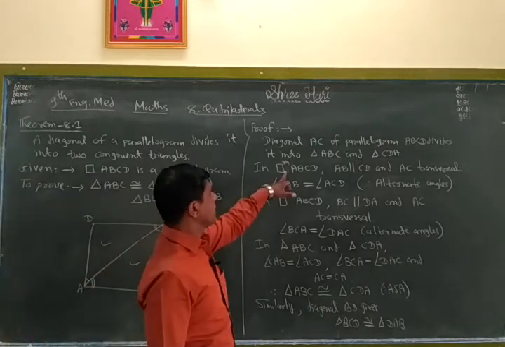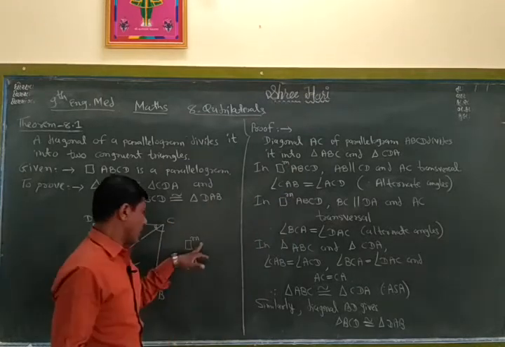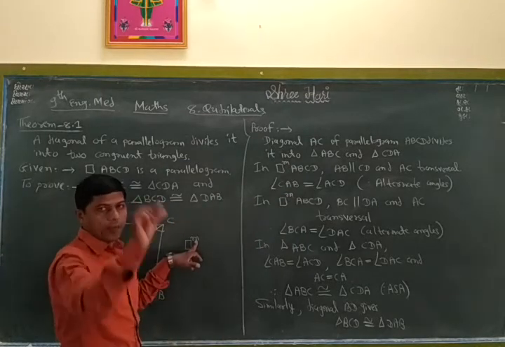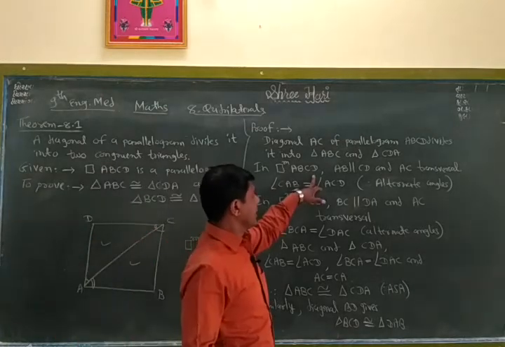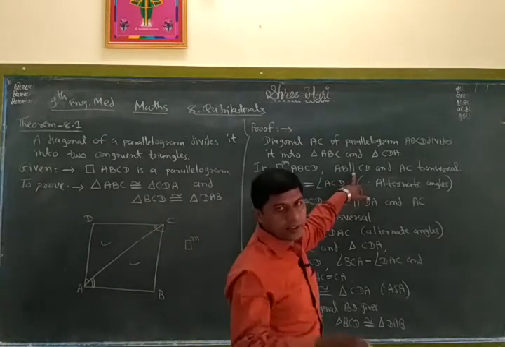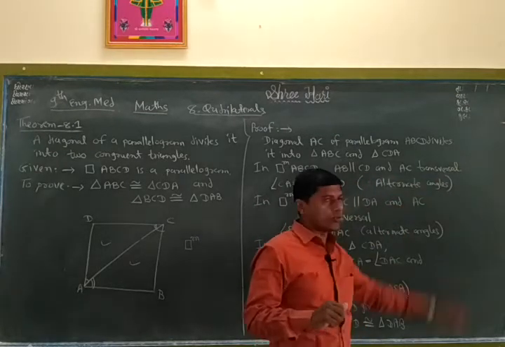Now this is the symbol of the parallelogram. In quadrilateral ABCD, AB is parallel to CD, this is the symbol of parallel, and AC is a transversal.